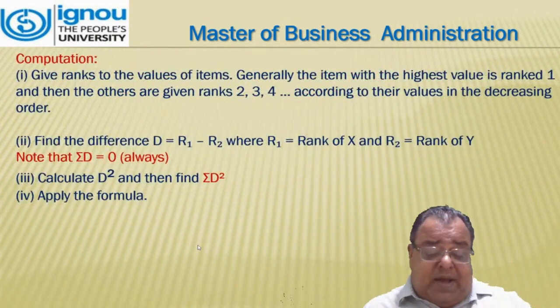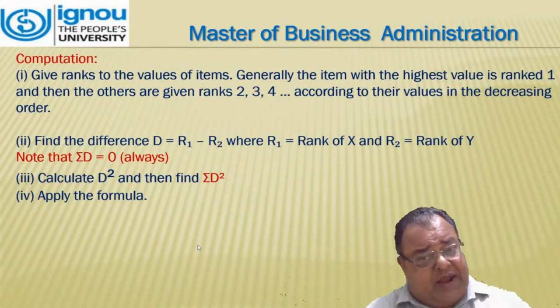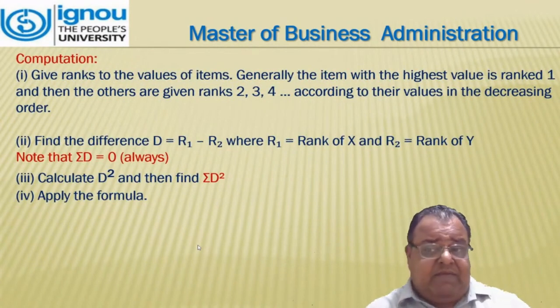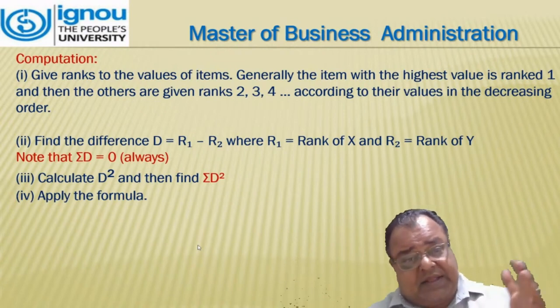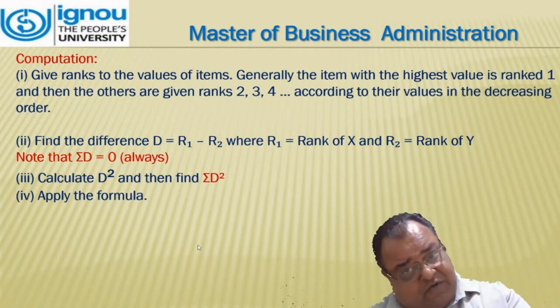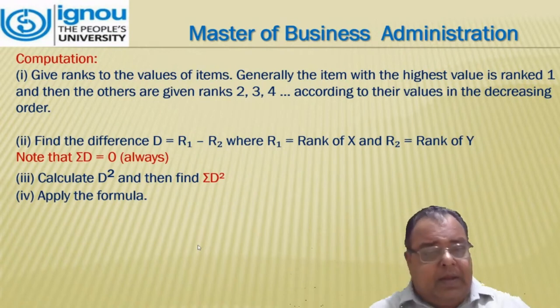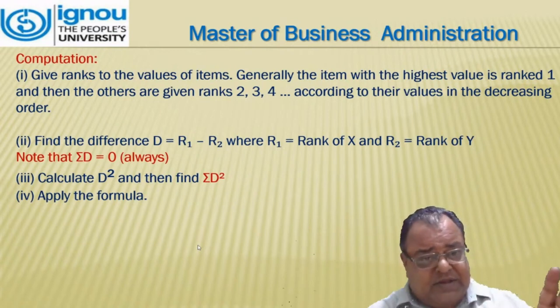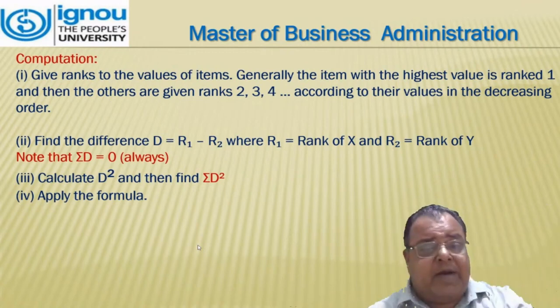Now, how to compute this rank? We are given the ranks of the values of the items. Generally, the item with the highest value is given rank 1, and the others are given rank 2, 3, 4, according to the values in decreasing order. Since we are comparing two things, one will be denoted by R1 and the second by R2.